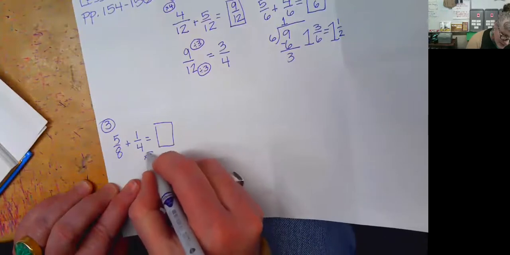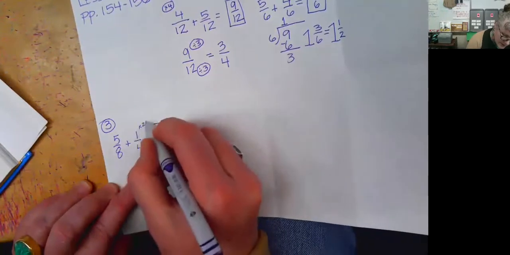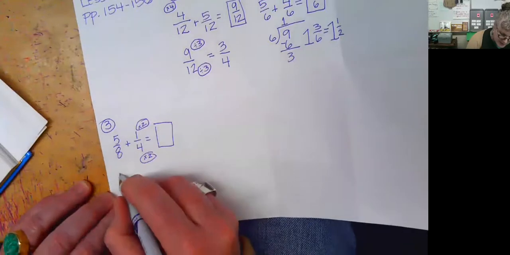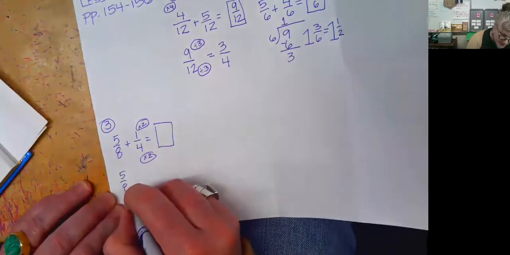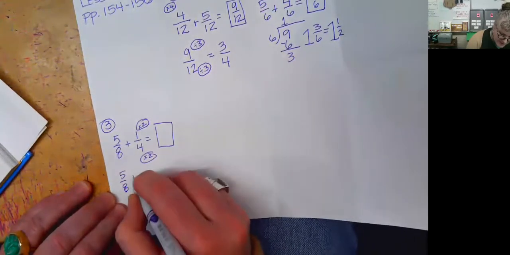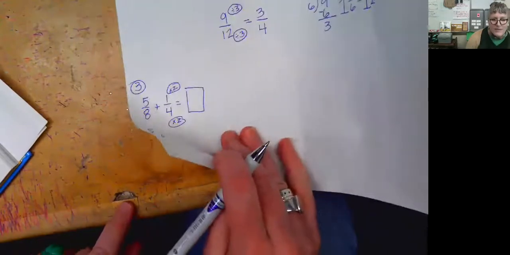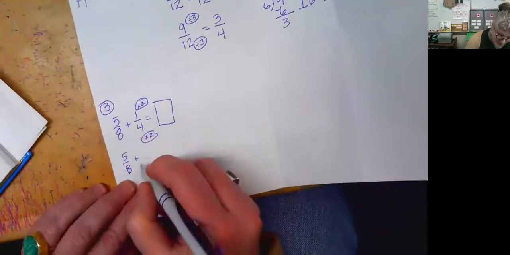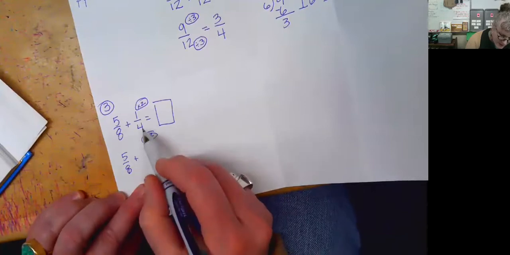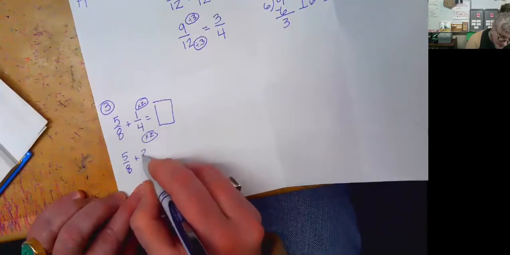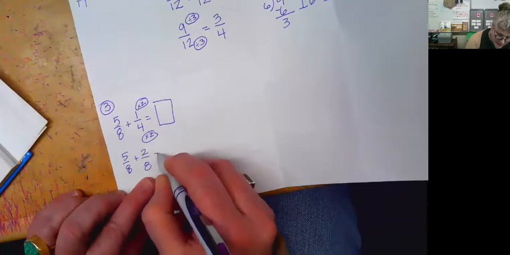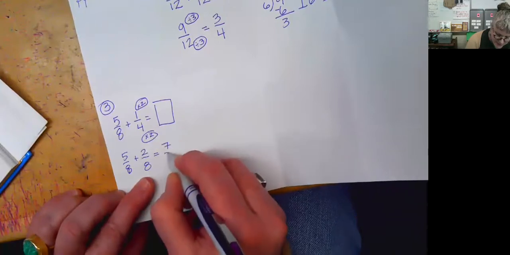In order to do that, I'm multiplying the top and the bottom by 2. And so that's going to give me 5/8 plus, there's a hole in my desk, and whenever I hit that, it gets sloppy. So this is actually going to be 2/8. When I add these together, it equals 7/8.